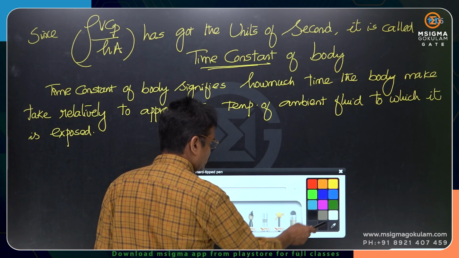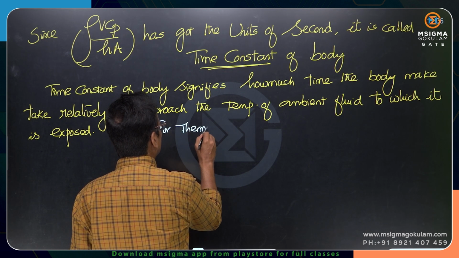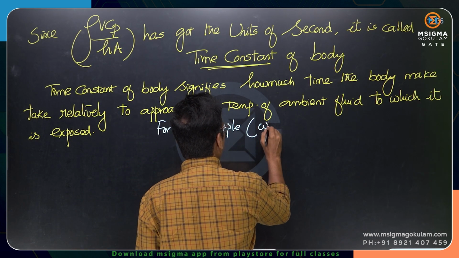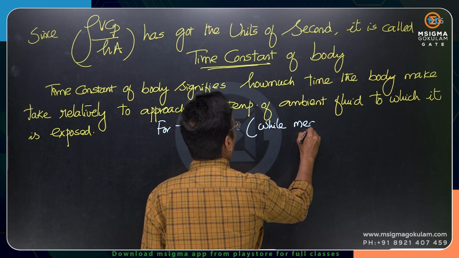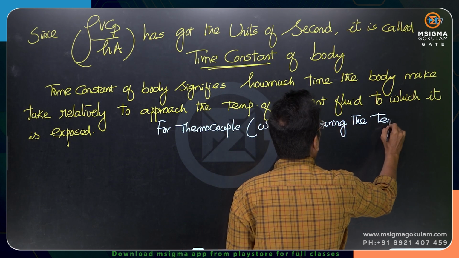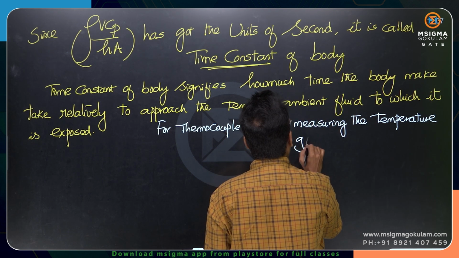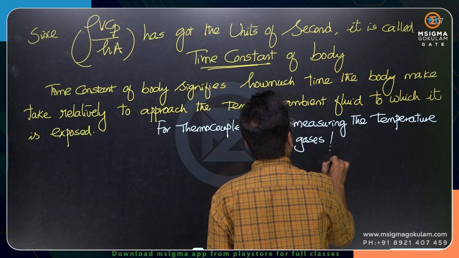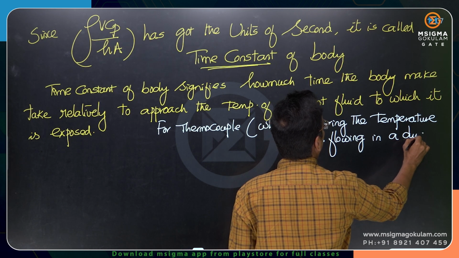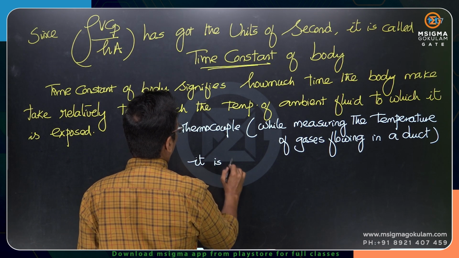For thermocouple, it is very small. A thermocouple is a very small bead. For a thermocouple, while measuring the temperature of gases flowing in a duct, the time constant is very small.